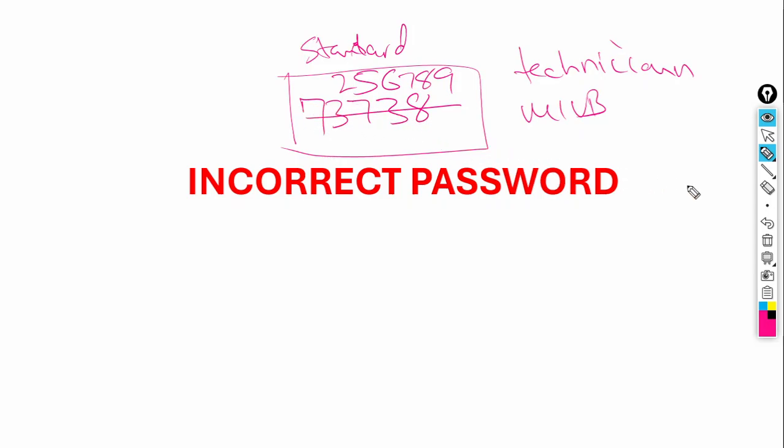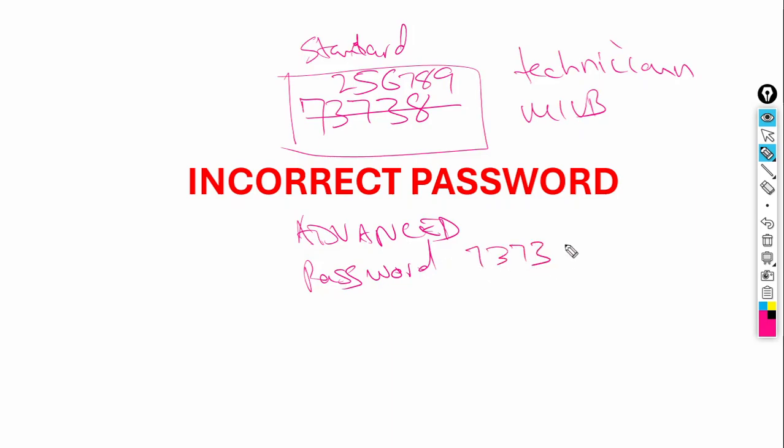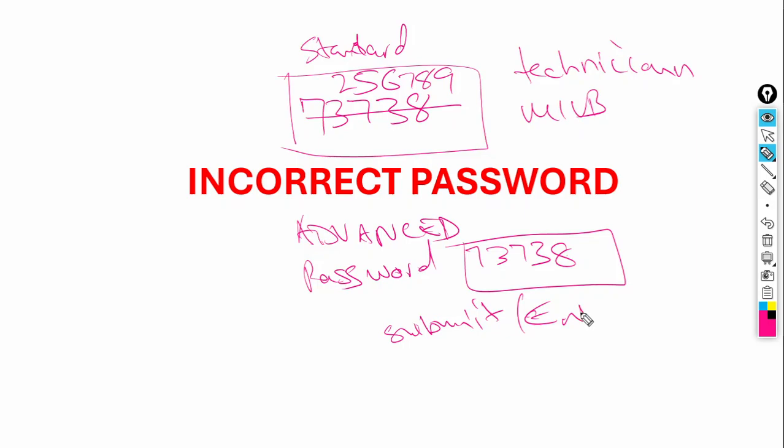And then we go into the advanced settings of our phone, and then we get asked for the password, and we put probably 73738, and then we submit, or we enter that. Then the phone is going to reject, because what is in My Voice business is 256789, and we have put 73738, which is different.